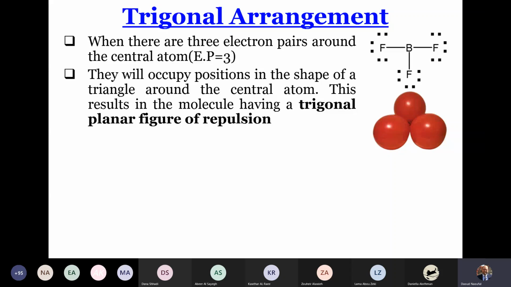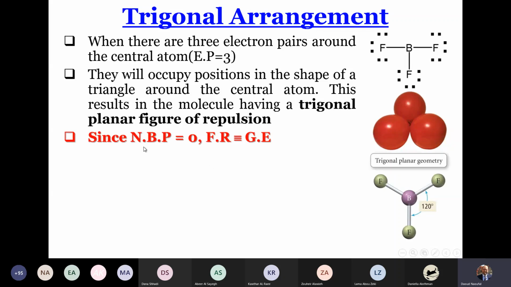Now we pass to the geometry. If we look at the Lewis structure, EP equals 3, and the NBP, the non-bonding pairs, is equal to 0. So we don't have non-bonding pairs around B, so the figure of repulsion is the same as the geometry, and the geometry is trigonal planar, and the bond angle FBF is equal to 120 degrees.